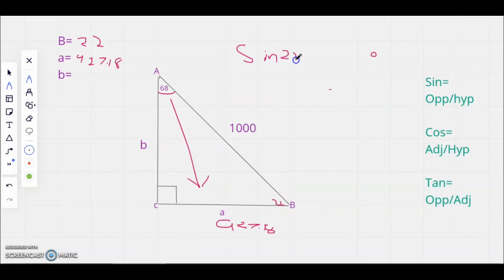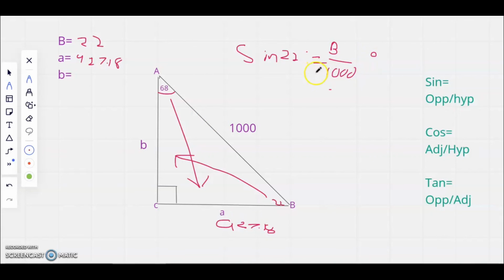Sine of 22 degrees equals your opposite. Your opposite this time will be B over hypotenuse, which is 1,000.